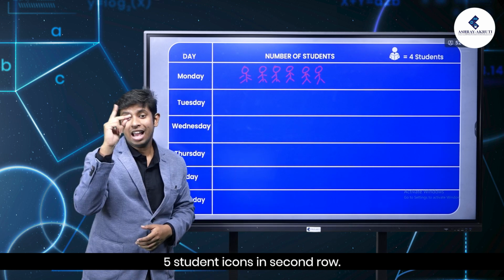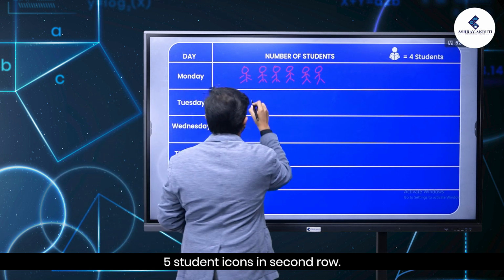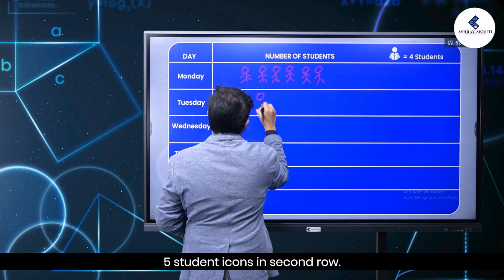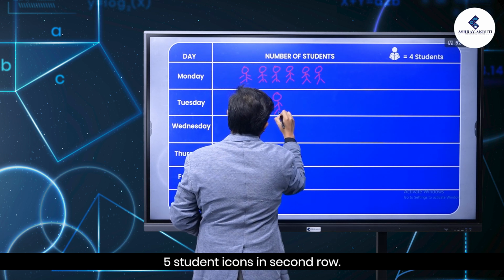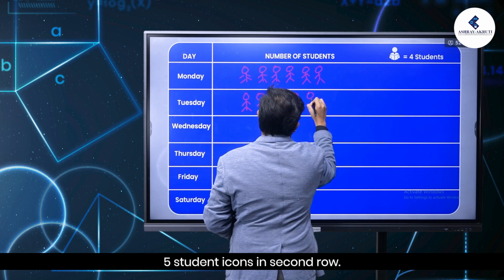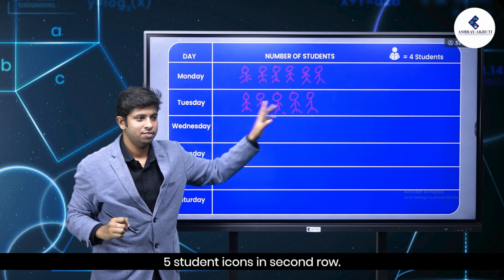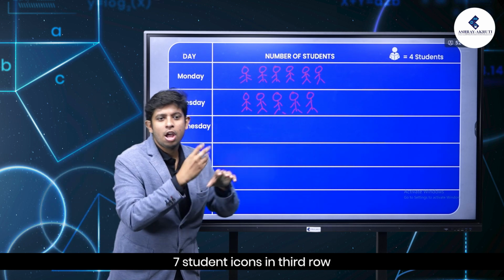Five student icons in the second row. 7 student icons in the third row.